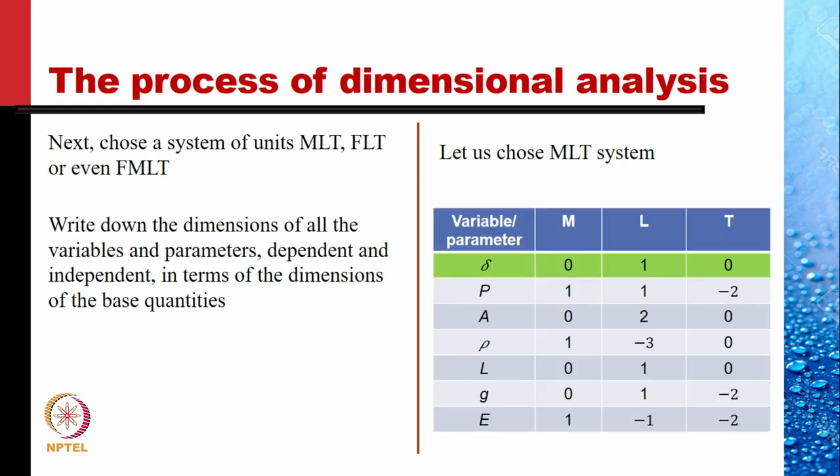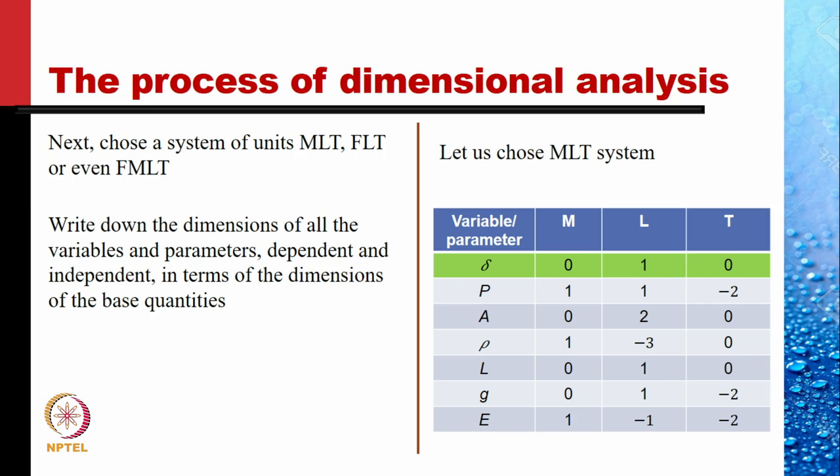So we have this table here. The first column lists the variables and parameters, in this case only the parameters, and then the dimension of mass, the dimension of length, and the dimension of time, MLT. Delta, the deflection, obviously has only the dimension of length.